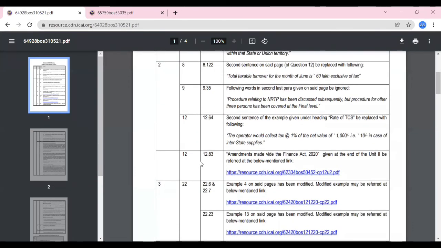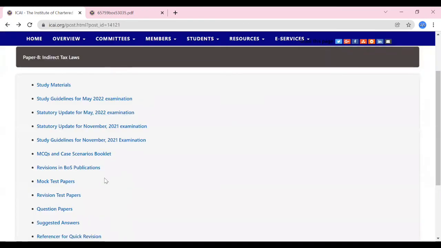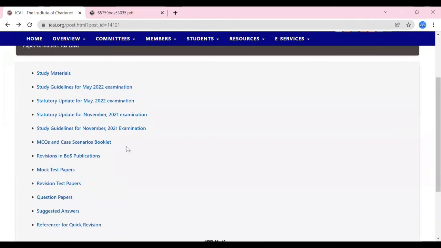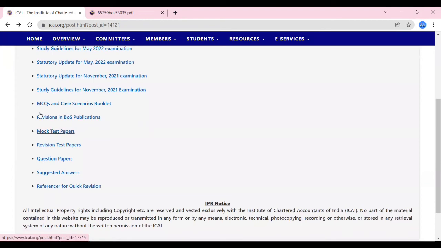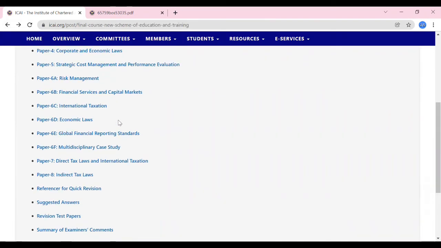It's a sort of corrigendum which is issued, and also has the amendments. So do go through these kinds of updates too. Usually ICAI marks new updates with a red banner called new or added. So do specifically visit those banners because they could really be useful for you during your study.